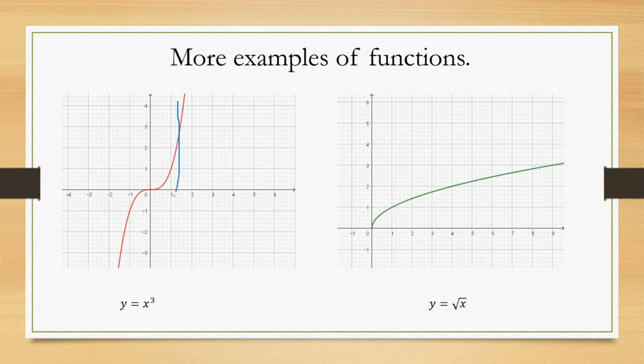Now, if I draw a vertical line, hopefully you can see from me drawing this that every vertical line is intersecting the graph only once. So this graph does give us a function. It's actually the graph of that equation.